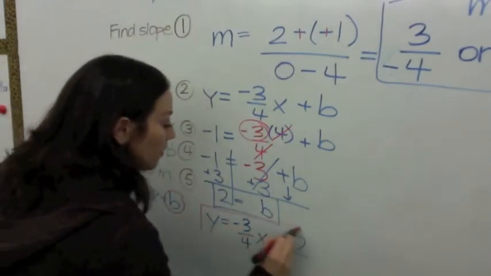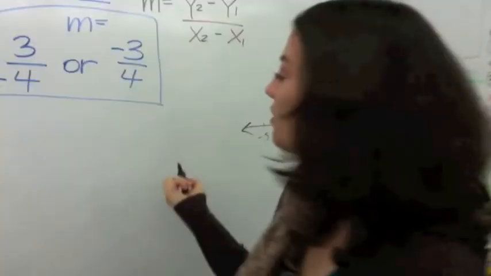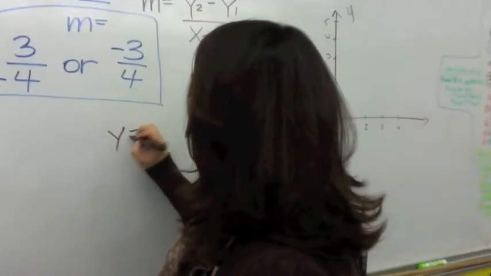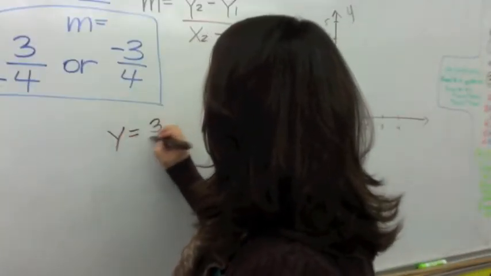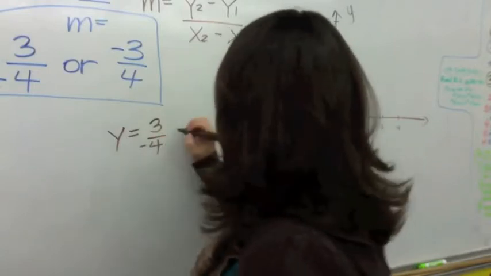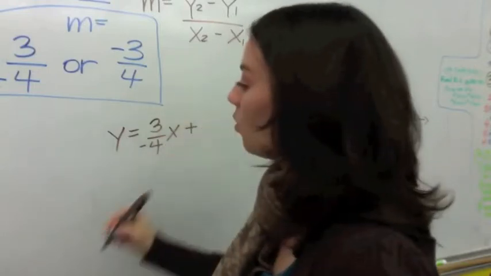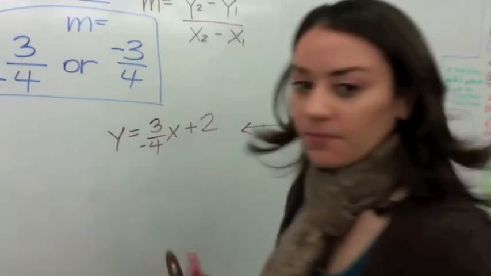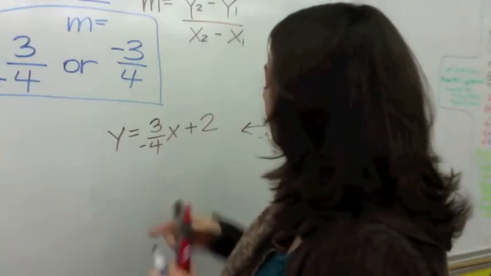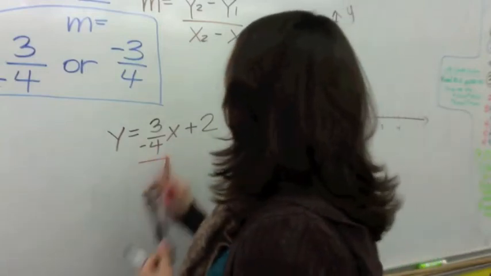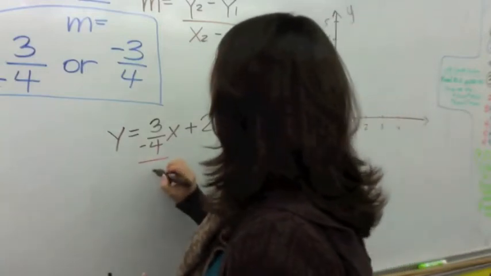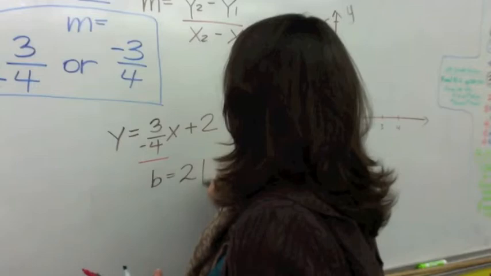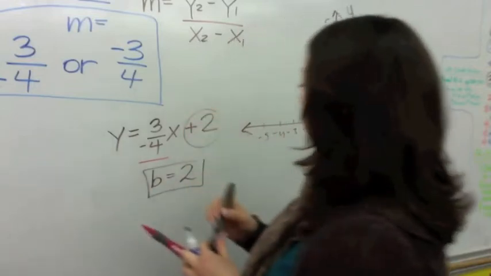So that is your equation. The equation is y equals 3 over negative 4, x plus, what's b? B was 2, okay? All right, so we know the slope is negative 3/4, and we know that b, or the y-intercept, is 2.